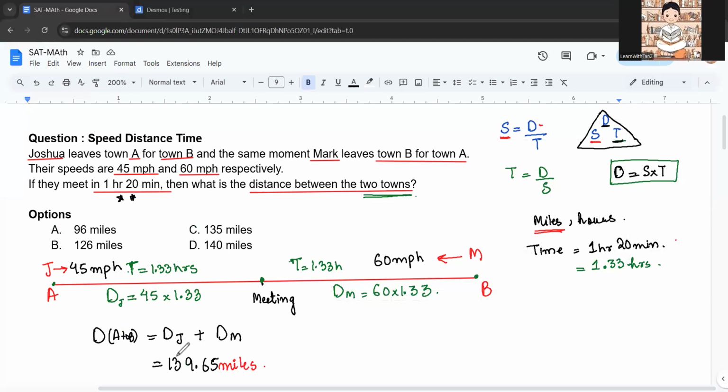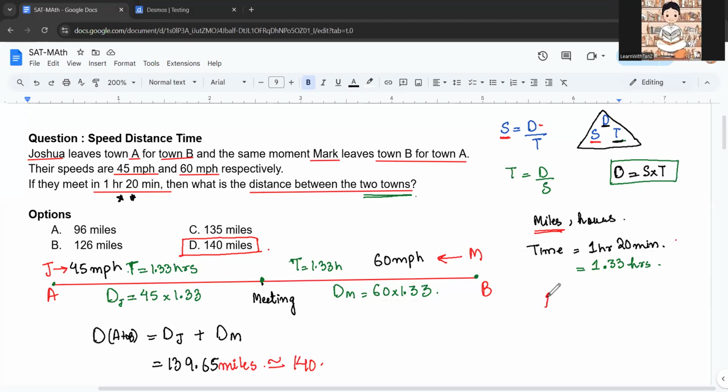Miles. Okay. Now looking at it, obviously we don't have the decimals, right? But you can tell what the answer is: 96, no, 135, no, 126, no, 140. Yes, this is my answer because 139.65 is almost 140. If you want to get 140 exactly, what you need to do? You need to take a mixed fraction here for time.